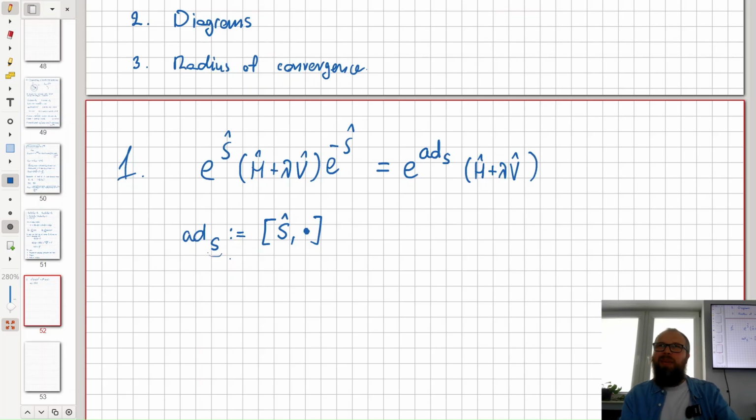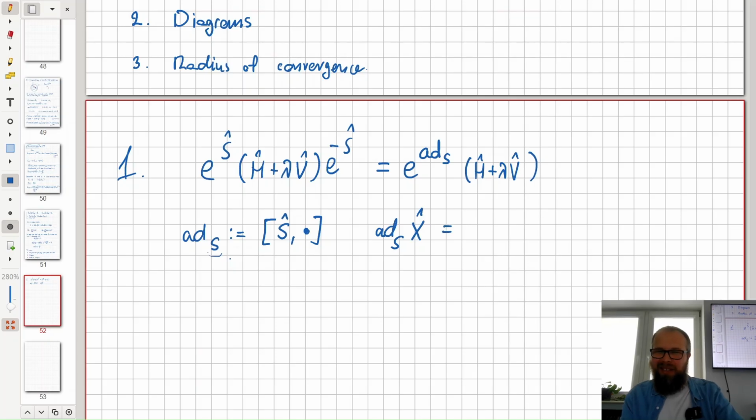A bullet is like a placeholder. So you imagine adjoint. For some reason I always write D first instead of AD. There's some reflex here. Because this is a super operator, this is a linear operator acting on operators. So we are advancing on the ladder of abstraction.